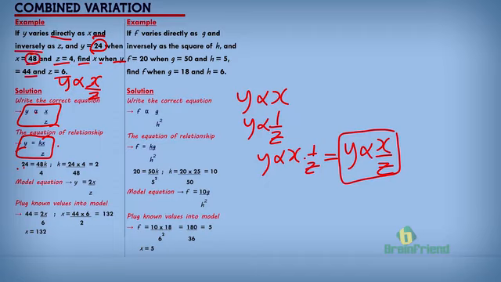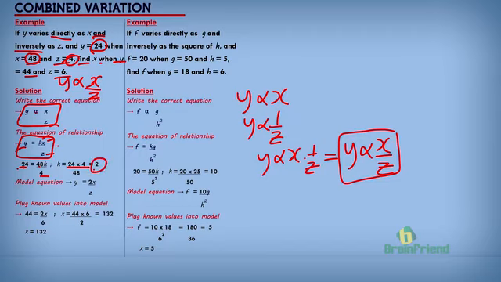So we input 48. And z has been given to us as 4. So we input 4. We have 24 is equal to 48k all over 4. To isolate k, we multiply both sides by 4. We have 24 times 4 all over 48. We further divide both sides by 48. All of this will give us 2. So k has been calculated to be 2.